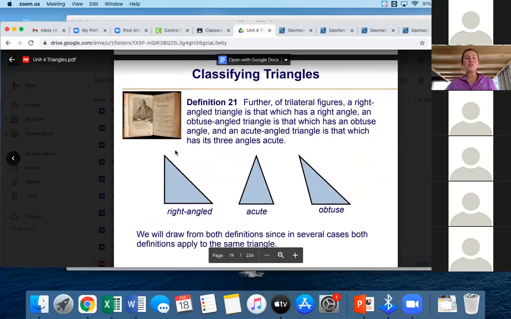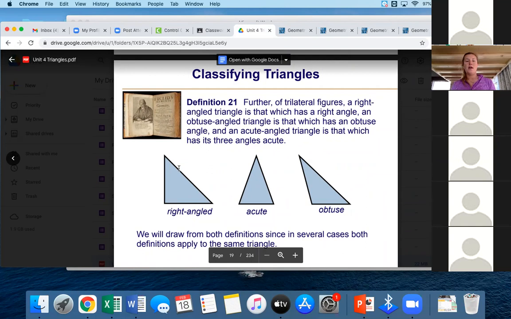When we talk about definition 21, further, of trilateral figures, a right angle triangle is that which has a right angle. An obtuse angle triangle is that which has an obtuse angle. An acute angle triangle is that which has 3 acute angles.